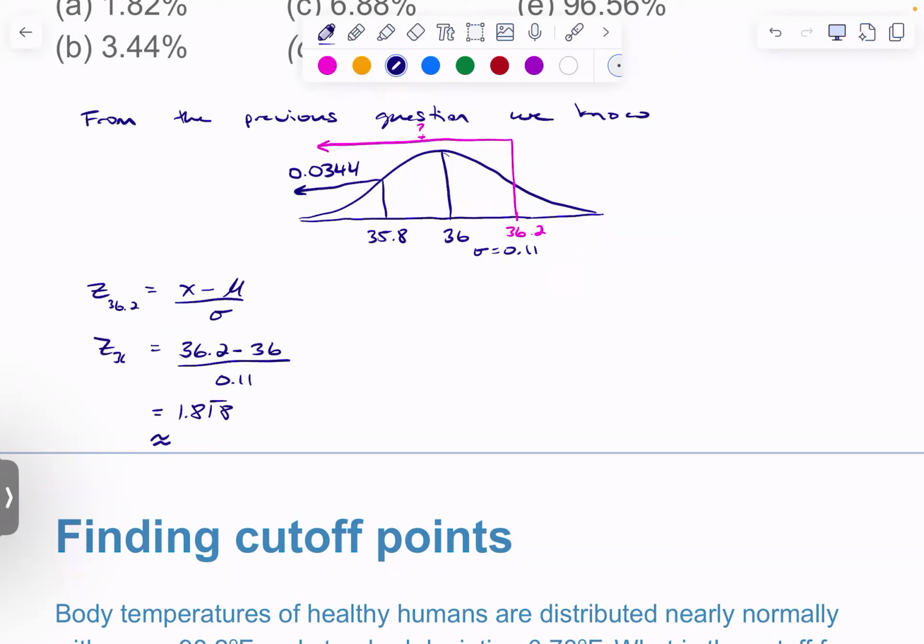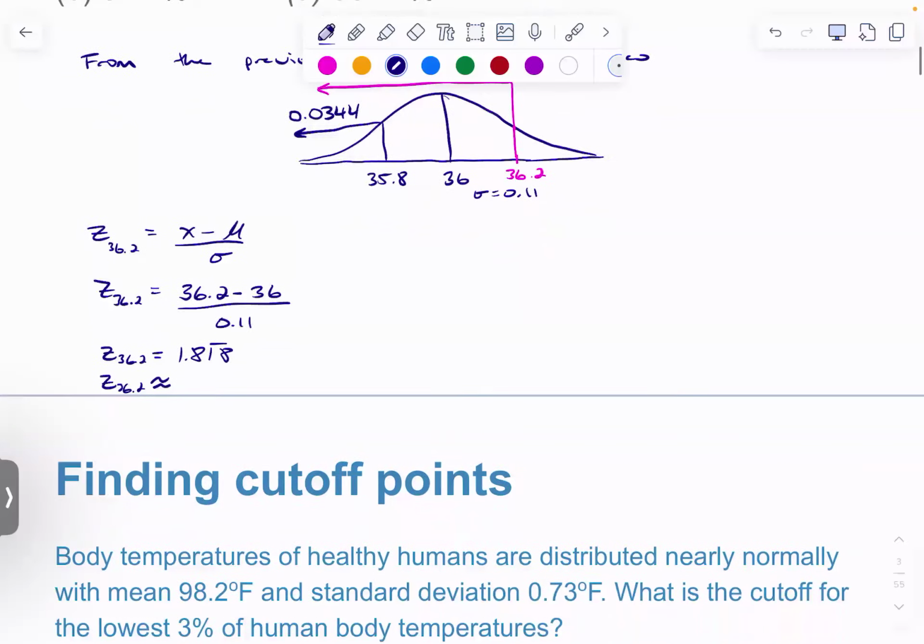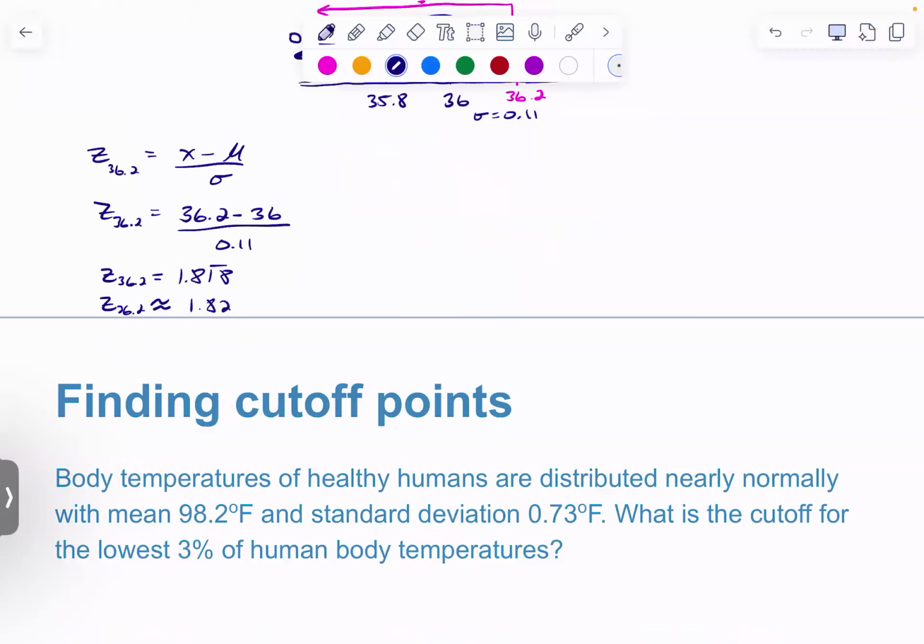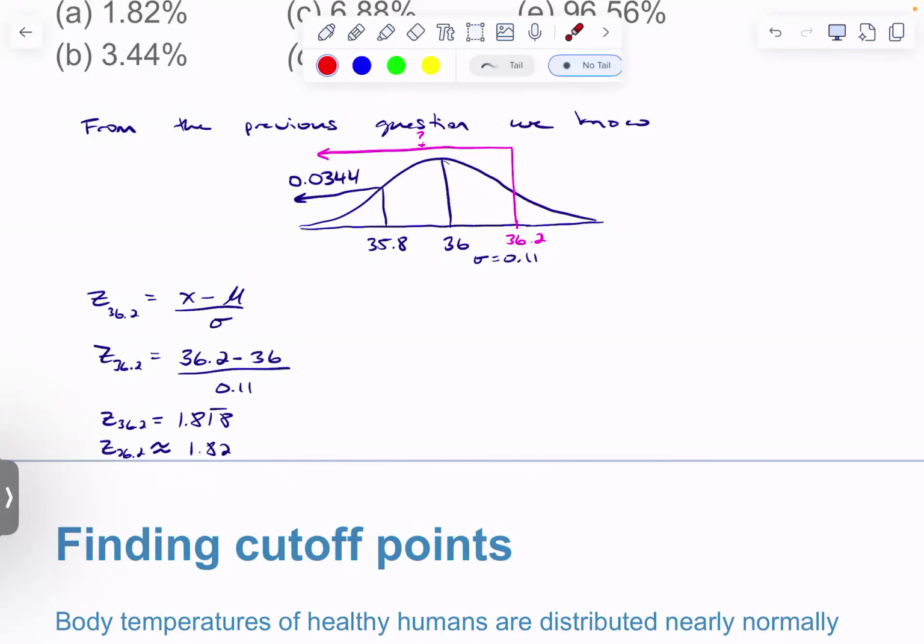So z at 36.2 is 1.82. That's the same magnitude as before, right? You expect it to be the same because those values were the same distance from the mean. That's not going to be the case always, but it's highlighting another thing. So what could you use? You could leverage symmetry and say, by symmetry, this tail area must be the same as this tail area, right?